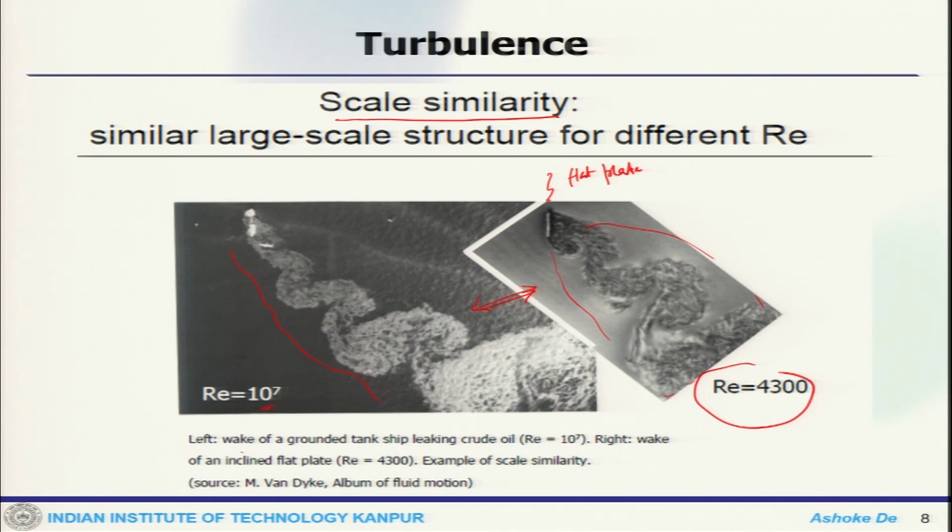One of the characteristics of turbulent flow at different Reynolds numbers, provided they are all in the turbulent regime, is a similarity in large scale structure. This is what we call scale similarity. So, you take a flow behind a grounded tanker, or a flow around a flat plate, or a flow around a sphere, the large scale structure would be similar in nature. That is the important point here.